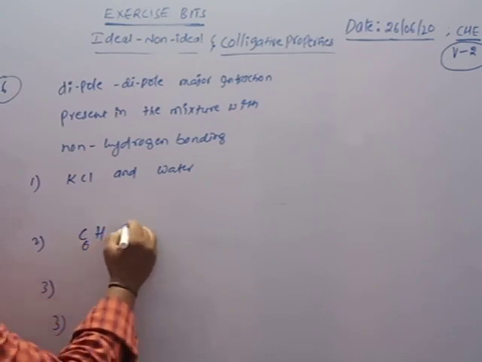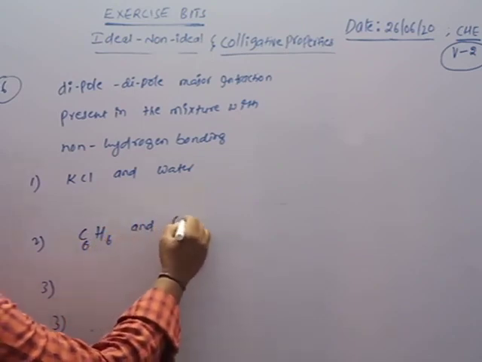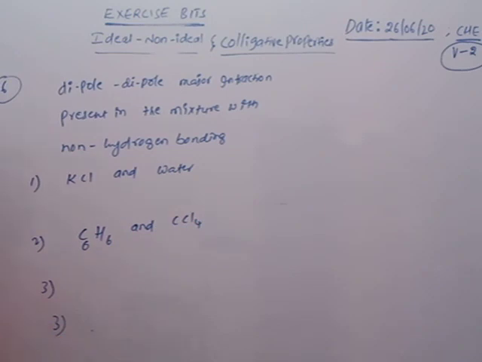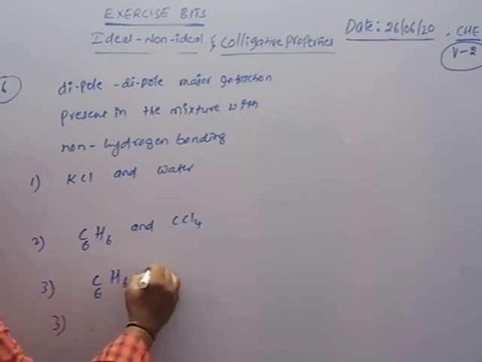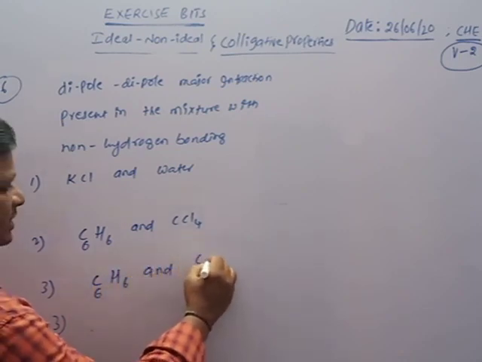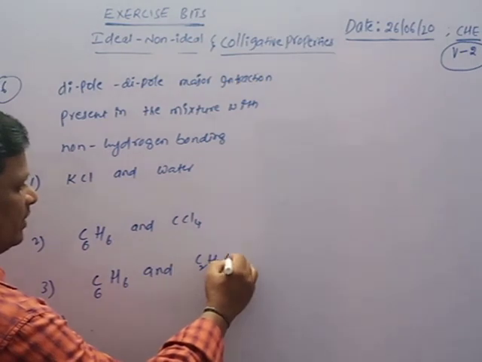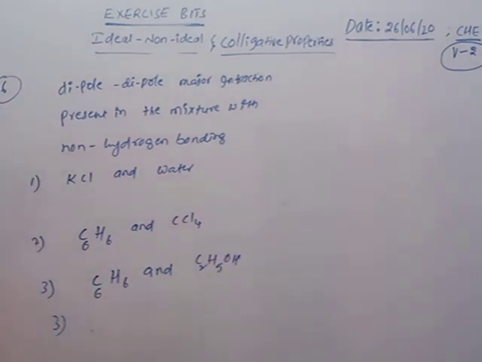Benzene is C6H6 and carbon tetrachloride is CCl4. Now the next is benzene and ethanol, benzene C6H6 and ethanol C2H5OH. The next one is acetonitrile and acetone.